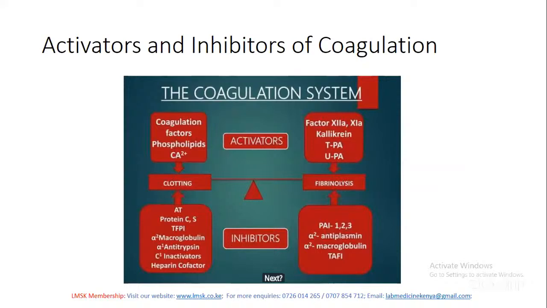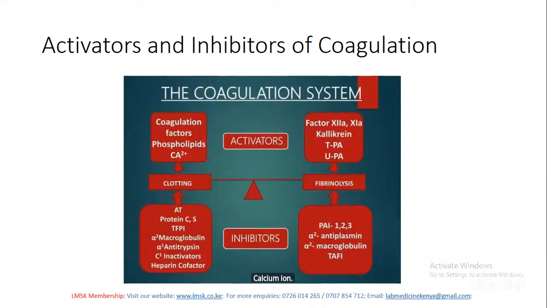Yes, coagulation system. Now, there are those elements that activate the coagulation system, and there are those that inhibit the coagulation process. The activators of the coagulation process include phospholipids, calcium, iron.